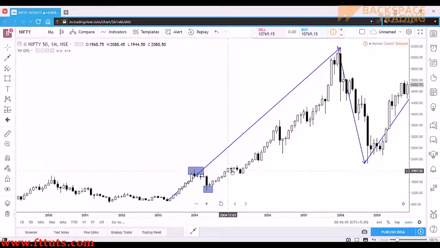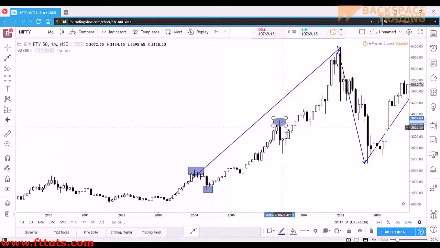It went on a path like this. It went, and it made a high over here. It's not exactly a high, a swing, the swing arc. That arc happened over here. And there is another arc over here, it's called swing low. This arc turns to a swing high over here.